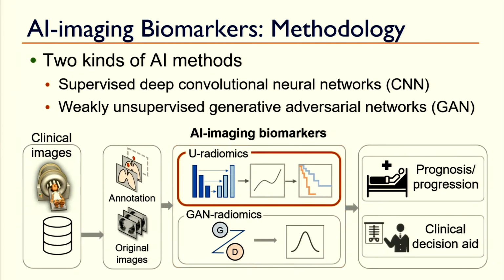The first biomarker, which we call radiomics, is a supervised method where we train a convolutional neural network, or CNN, to extract useful features from the images for performing an explicit survival analysis for the prognostic prediction. The second biomarker is called GAN radiomics, and it is a weakly unsupervised method where we use a generative adversarial network, or GAN, to come up with the prognostic prediction directly from the images. We will discuss both of these methods in a moment.